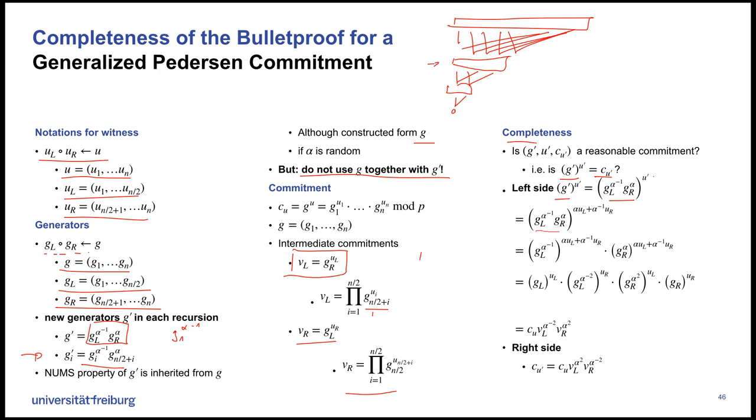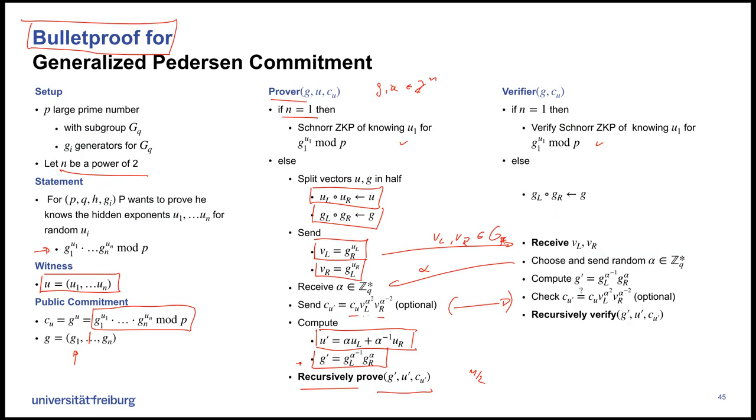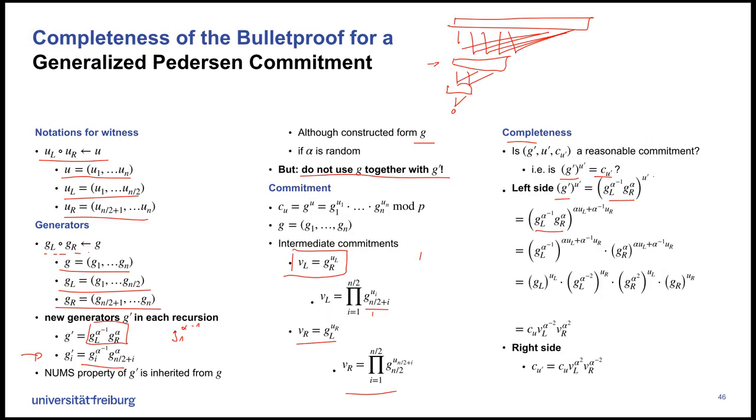So I have this definition to the power of U prime, and U prime was defined as alpha times UL plus alpha to the -1 times UR. So we plug that in on this side. Somehow it's missing on that slide.